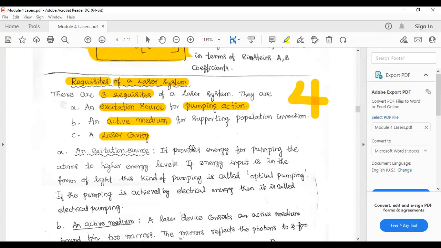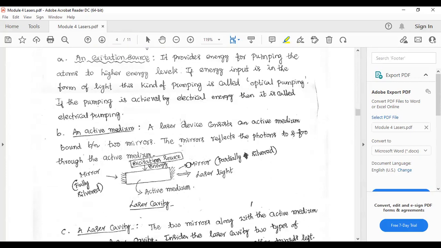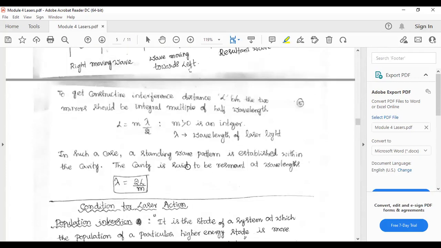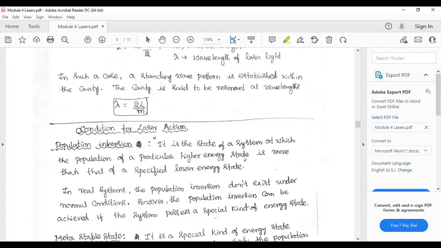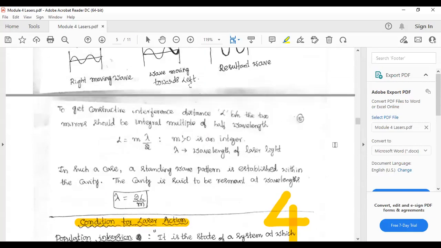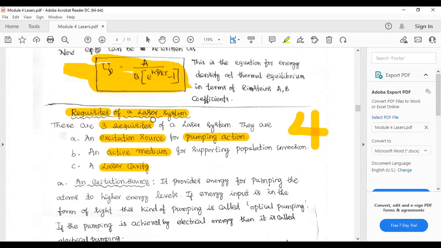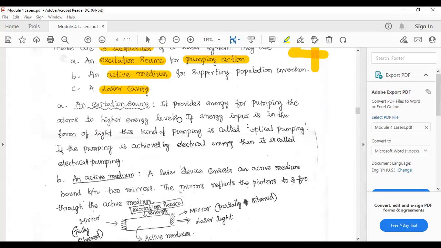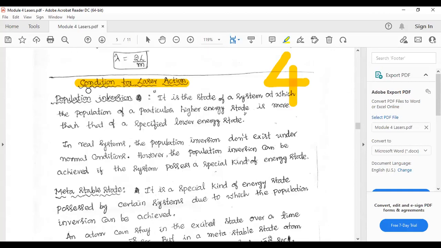Why I am stressing this question is that there is one more question which is very near to this, which will again mention all these things, and this is actually listed as a different question. Here they will ask you to write the condition for laser action. Previously I explained the requisites for a laser system, and there is one more question which asks you to write the condition for laser action.